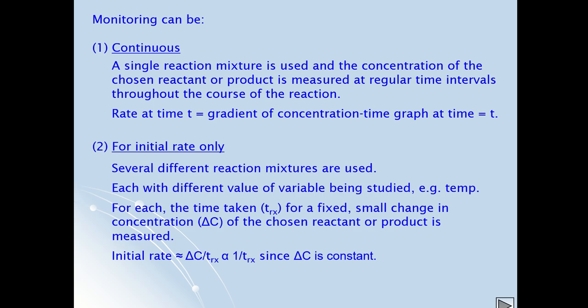And remember, the change in concentration is constant. If that's what you've decided to measure, you're measuring the same change in concentration every single time. Therefore, we can say that the initial rate is equal to 1 over the time taken for that change in concentration to occur. So that is how you work out your initial rate.